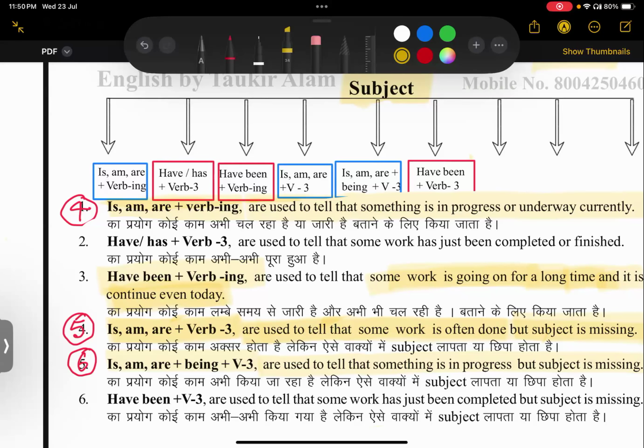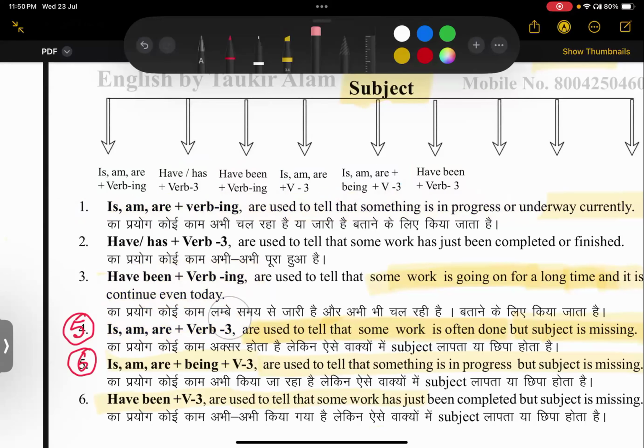Good. Now I'm going to tell you number 6, that is have been plus verb in third form. But before teaching this, I would like to tell you that you need to revise first all the structures that I have just taught you. That is, have has plus verb in third form, have been plus verb in third form.